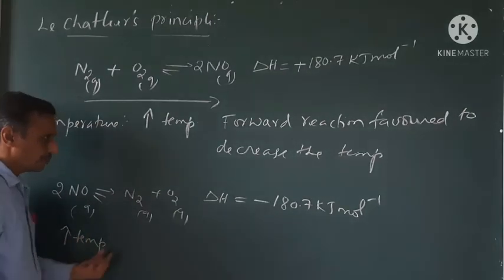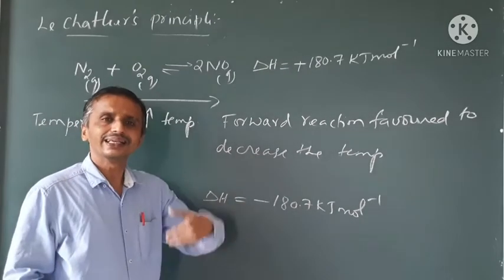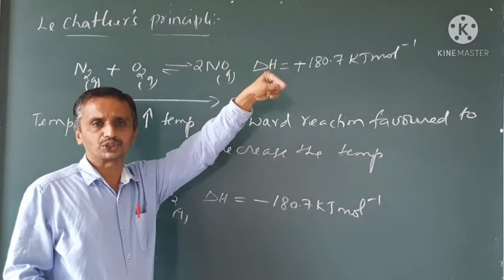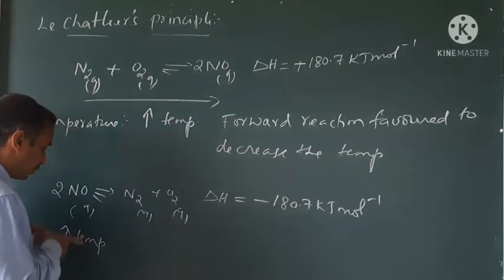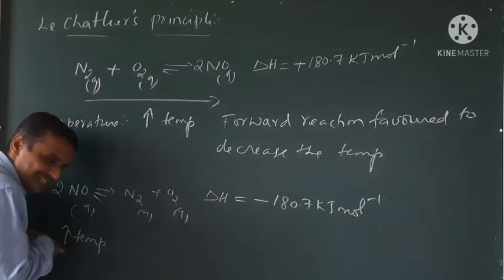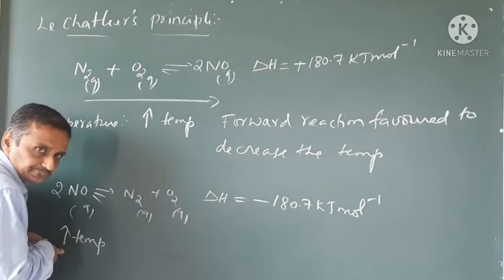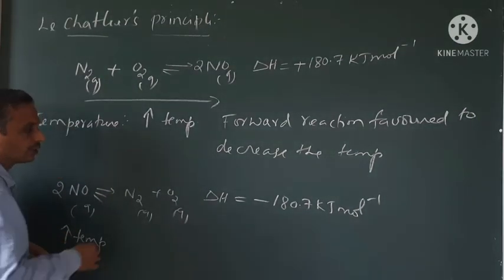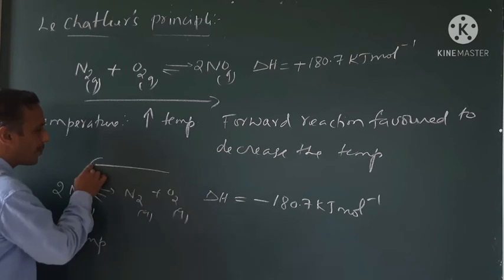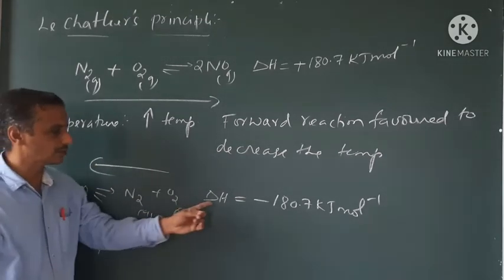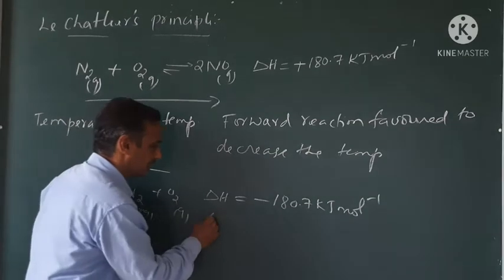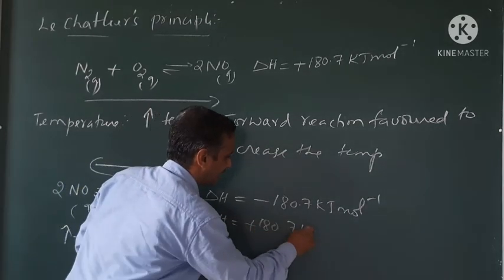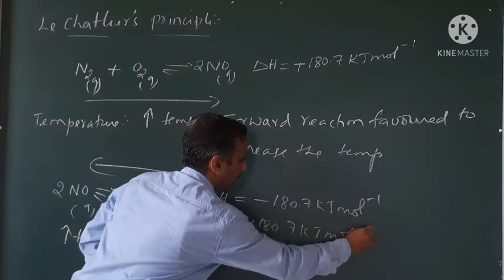That would only increase the temperature further, which will affect the equilibrium constant. So to decrease the temperature, the reaction will favor the backward direction, because the backward delta H is positive, 180.7 kilojoules per mole.